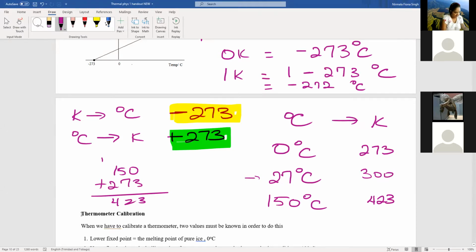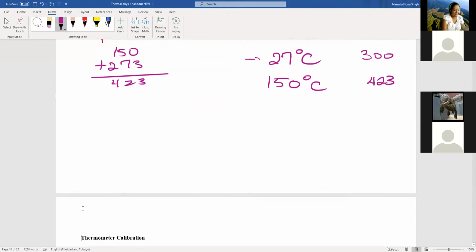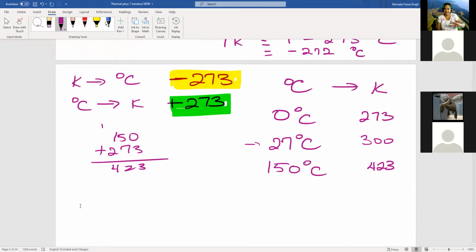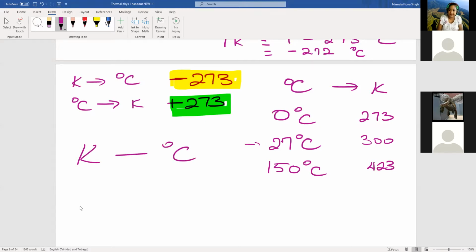And on the flip side, this is where people get a little scared because they start seeing negative numbers. Remember, don't be afraid of negative numbers. In physics, we have negative degrees Celsius. Suppose I want to go from Kelvin to degrees Celsius, right? Remember what we do? We subtract the 273.